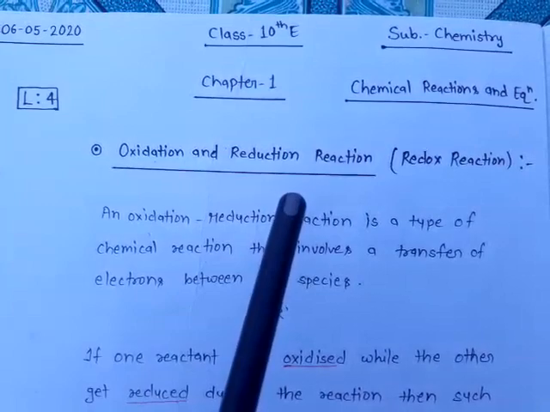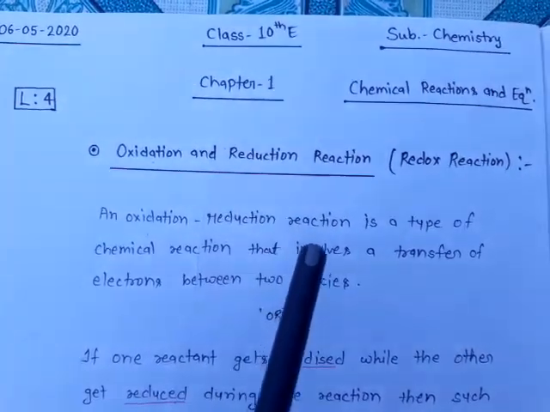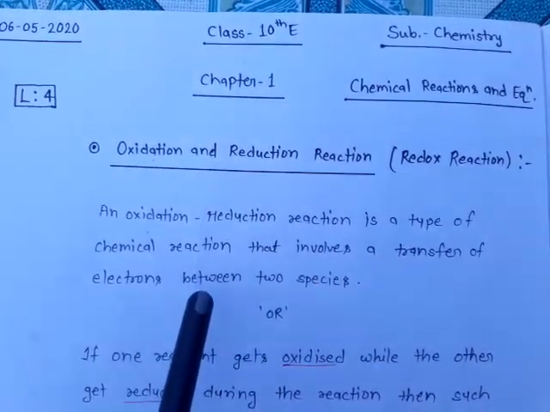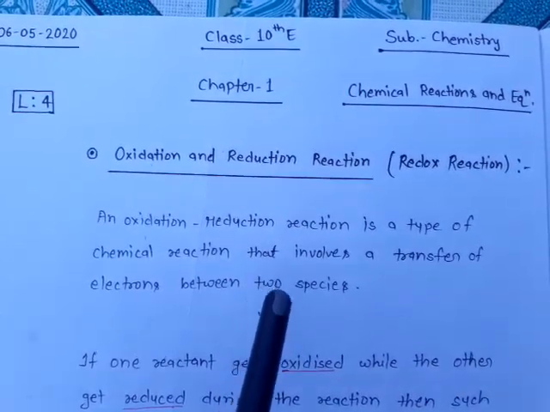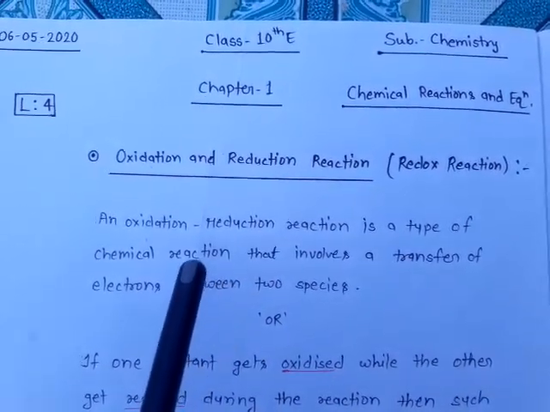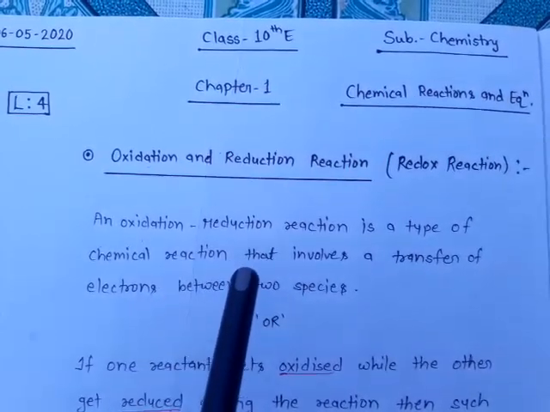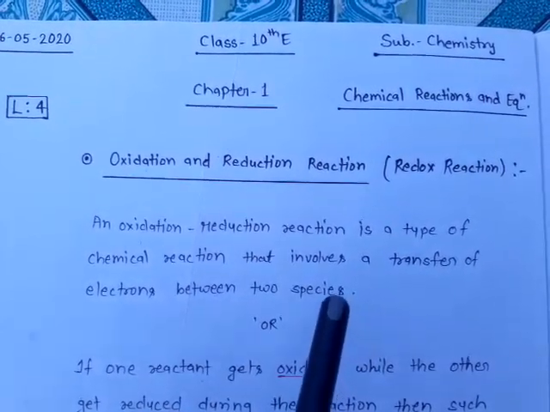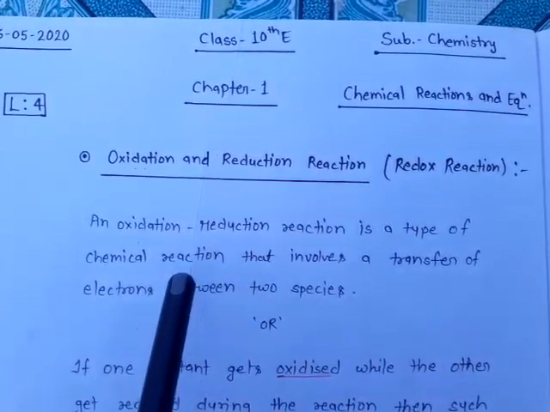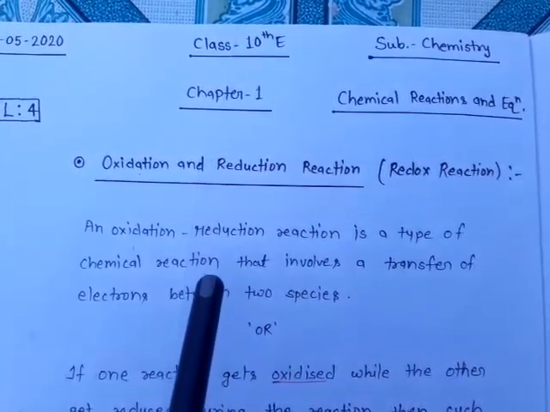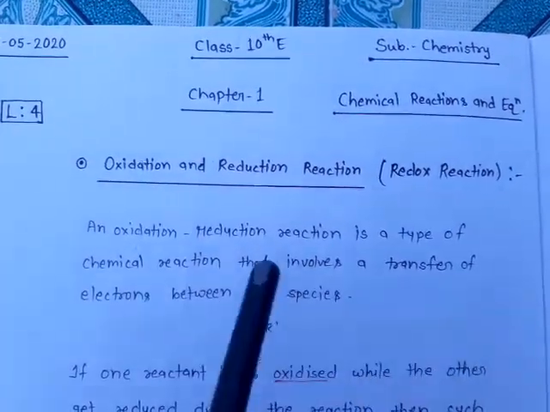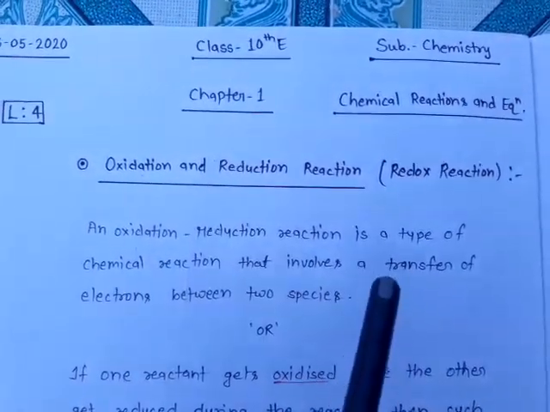This type of reaction occurs where a transfer of electrons occurs. On behalf of this transfer of electrons, we discuss oxidation state. If oxidation states are changed in a reaction, and the oxidation state of one substance increases while that of the next substance decreases, then this type of reaction is involved.